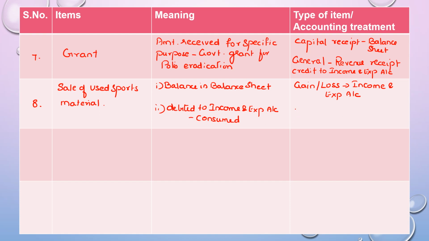We will put that sale receipt of 1500 on the credit side of the income and expenditure account. Entirely it is a gain. So there is nothing of any book value to be reduced. In the earlier case, gain or loss is taken and you would be reducing the book value in the balance sheet.